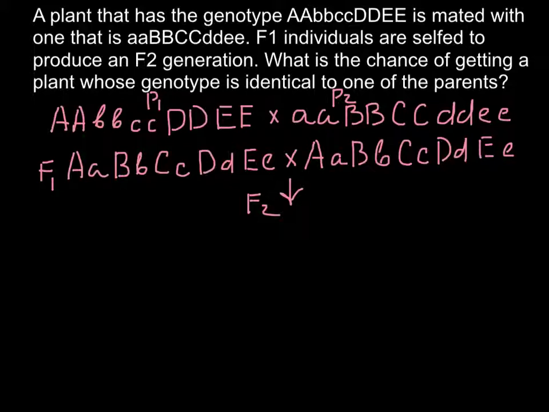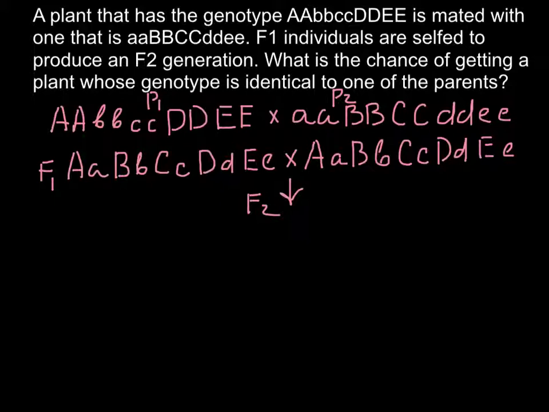As you see, there are many possibilities of different genotypes here, and now we have to find the probability to get one of the parental genotypes, that is, whether parent 1 or parent 2. And how to solve this problem?